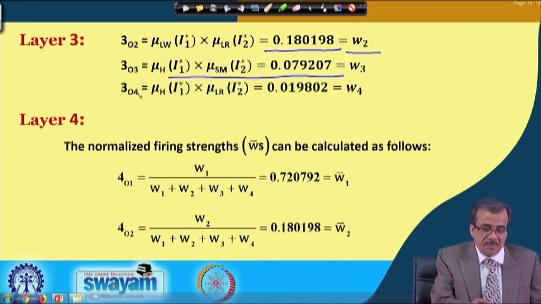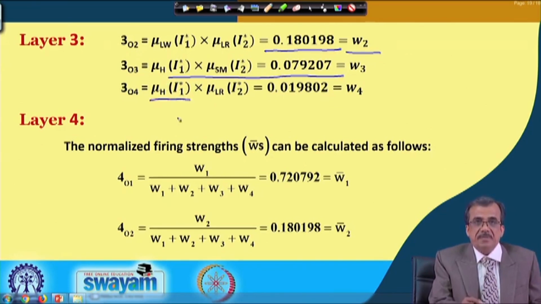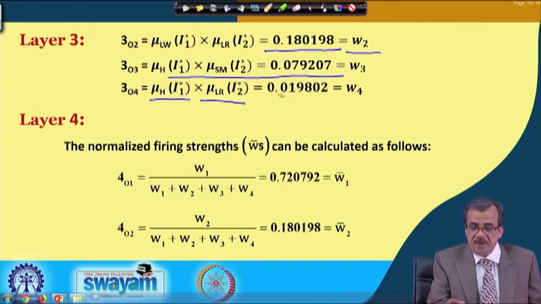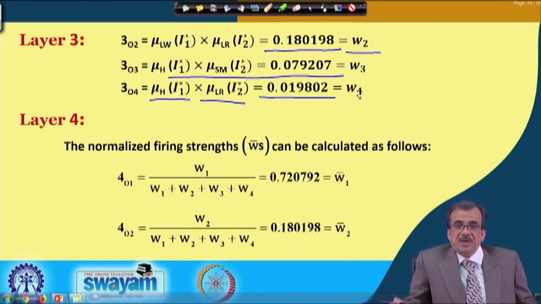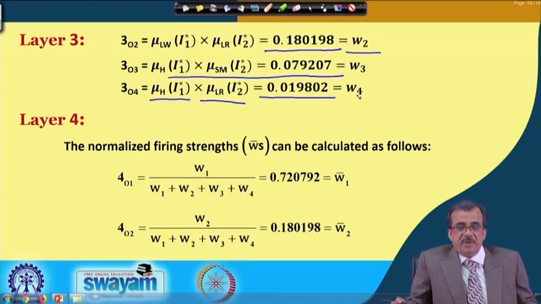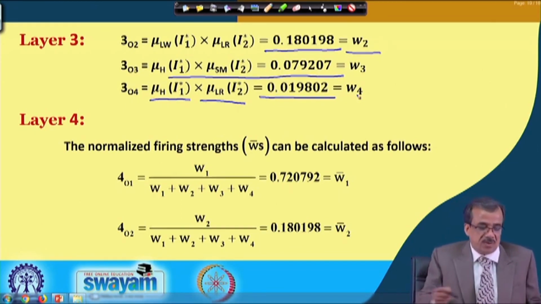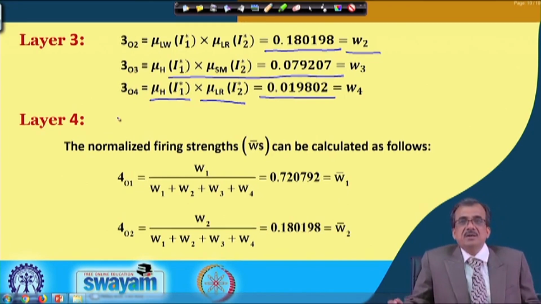For the fourth rule, we can also find out the firing strength, and that is nothing but mu h corresponding to I1 star multiplied by mu LR corresponding to I2 star, and if you substitute the numerical values and carry out the multiplication, you will be getting W4 is nothing but 0.019802.